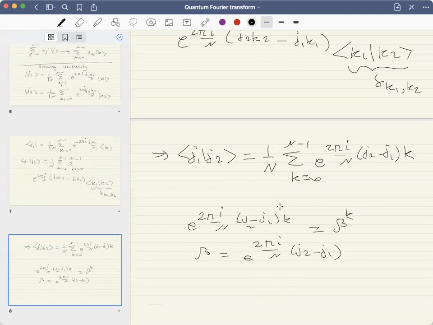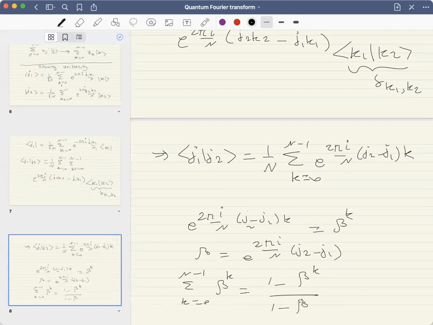Then this sum, sum over k equals 0 to N minus 1 of beta to the power k, is going to be, that's an identity, 1 minus beta to the power N over 1 minus beta.